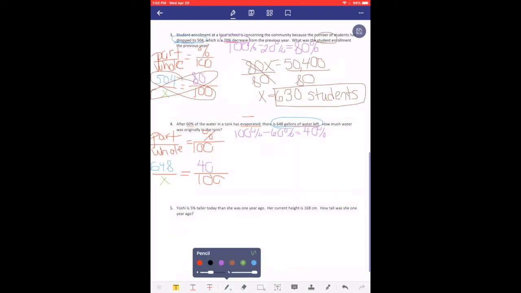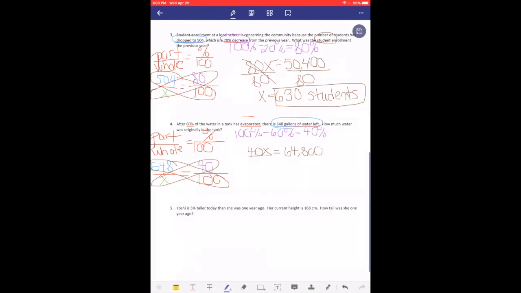Now, I want to cross multiply to solve for x. I'm going to start with this. x times 40 is just 40x. 648 times 100 is 64,800.